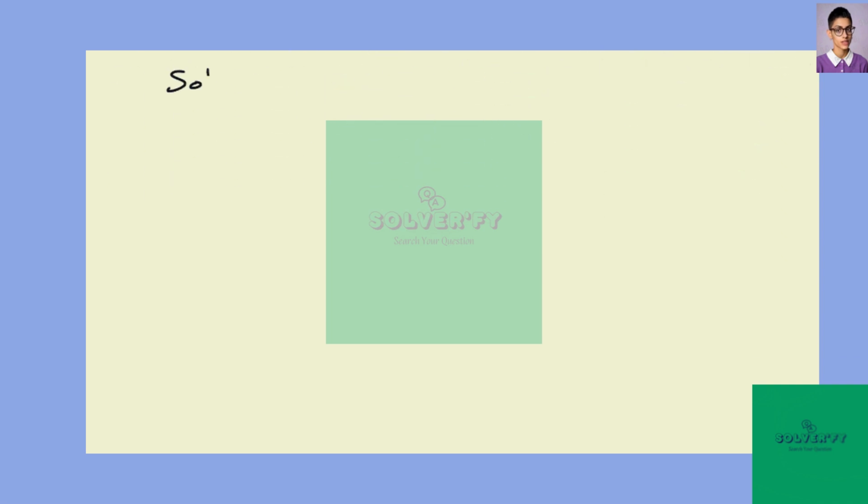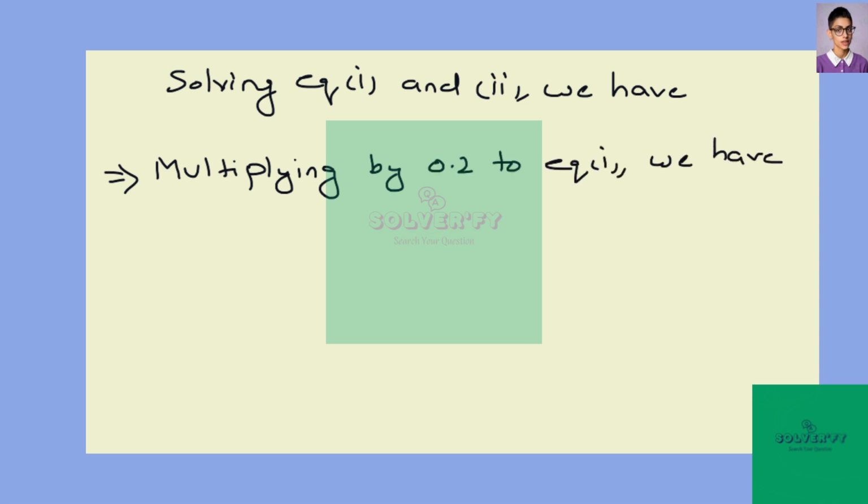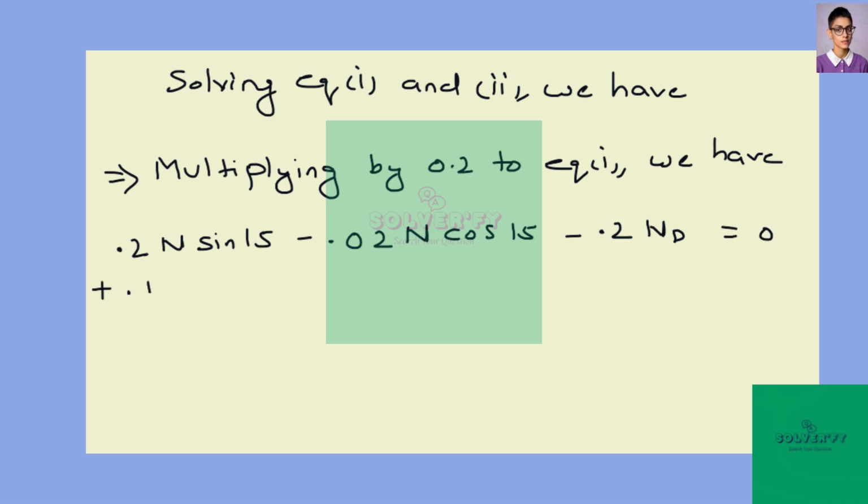Now going further, we will solve equation 1 and equation 2. On solving these equations, first let us multiply equation 1 by 0.2. We have 0.2 N sin 15 degrees minus 0.02 N cos 15 degrees minus 0.2 ND is equal to 0.